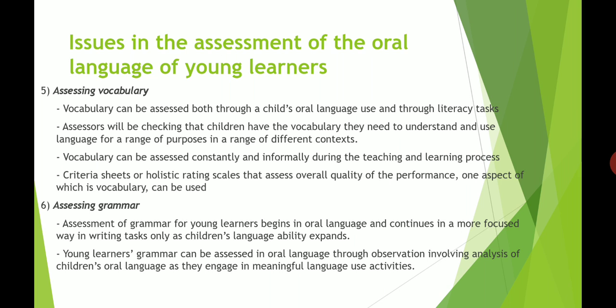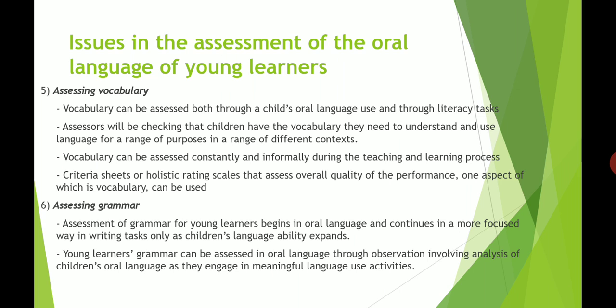Vocabulary can be assessed constantly and informally during the teaching and learning process. Criteria sheets or holistic rating scales that assess overall quality of performance, one aspect of which is vocabulary, can be used. So to assess vocabulary, criteria sheets and holistic rating scales will be very useful in this kind of assessment.